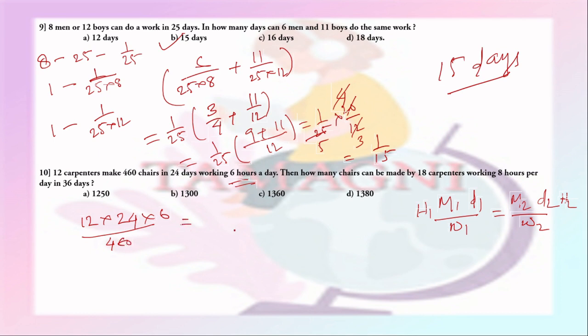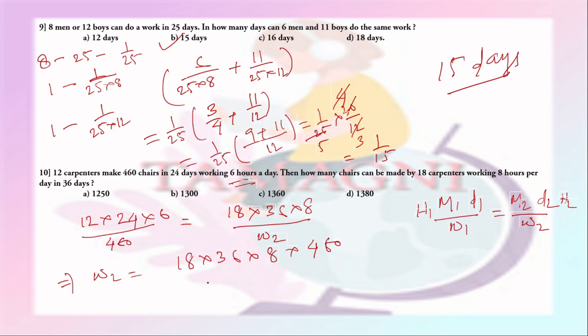That will be equal to 18 carpenters into 36 days into 8 hours by W2, which is the number of chairs to be made. So this gives W2 equal to 18 into 36 into 8 into 460 by 12 into 24 into 6. Now we shall simplify.